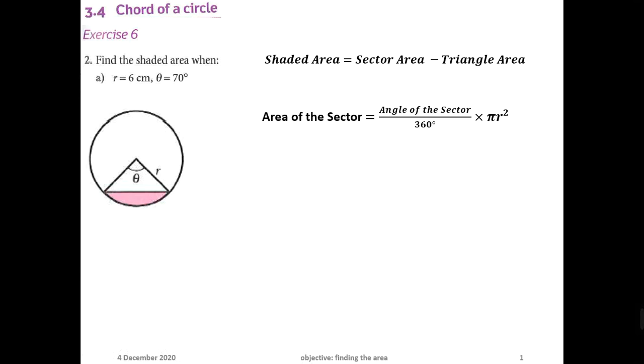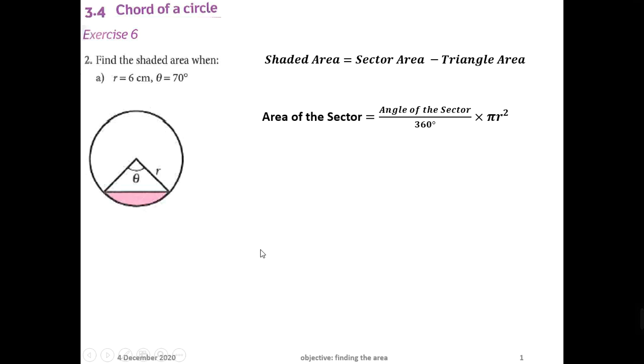How do we find the area of a sector? We find the area of a sector using the formula: the angle of the sector over 360 times pi r squared. The angle of the sector is opposite to the arc of the sector, which is given in the question as 70 degrees, and the radius of the circle is 6.